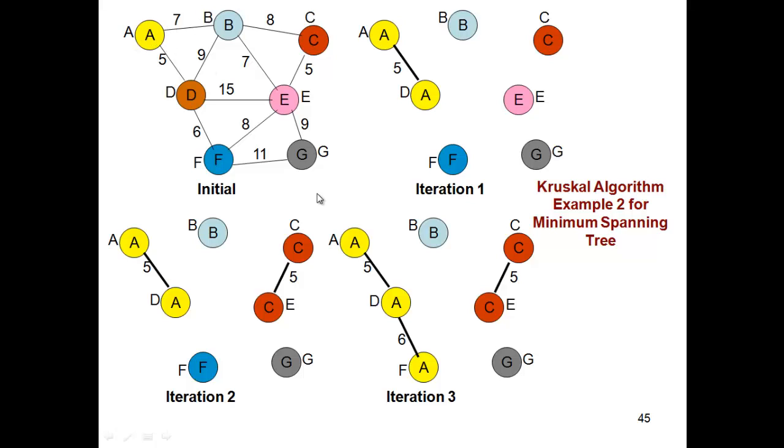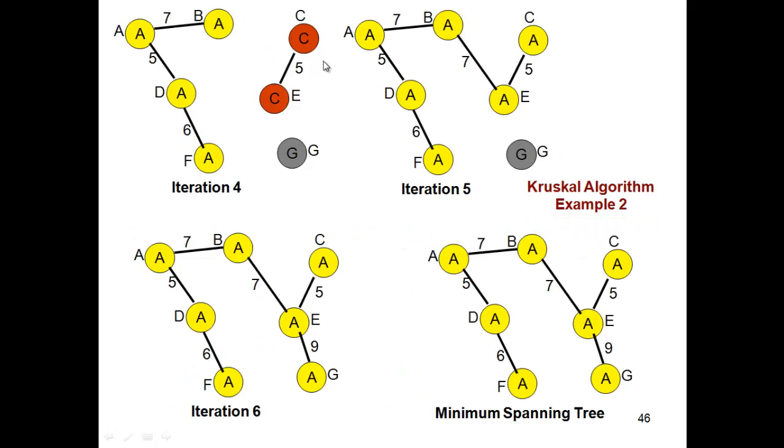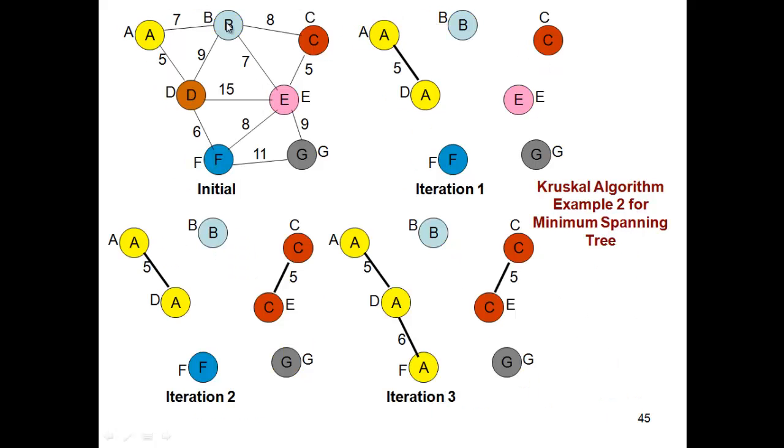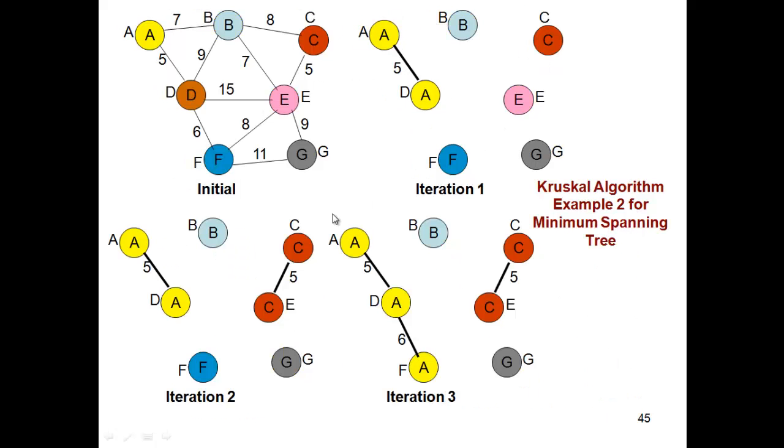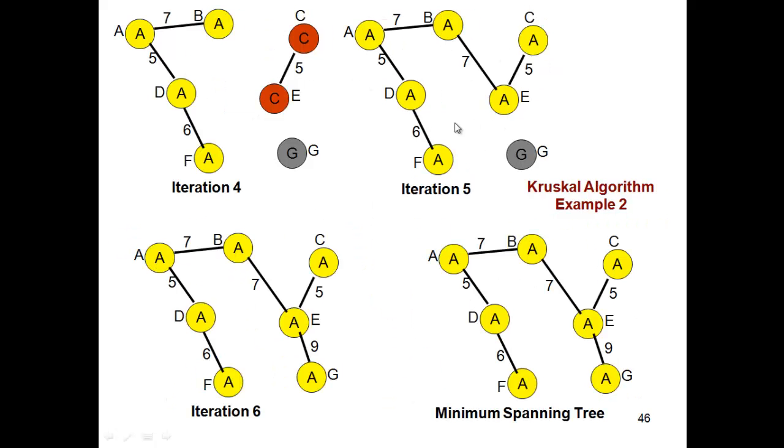As you see here, A is in component A, B is in component B, still two different components, so you can connect them. Let's pick up this 7. B is in component B and E is in component C, still two different components, so we can connect them. And so we are right now like this.